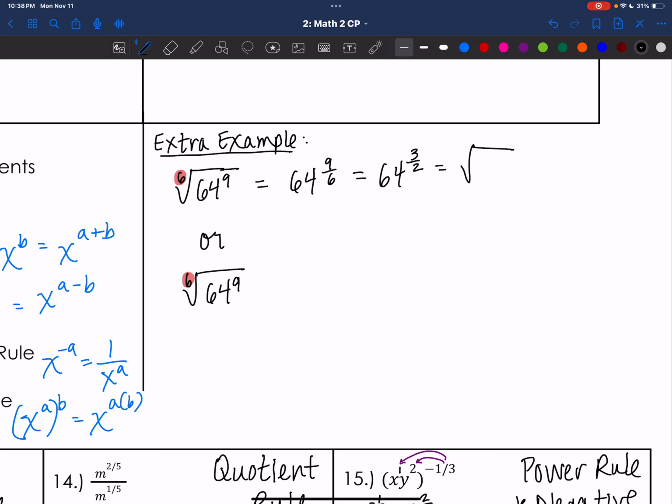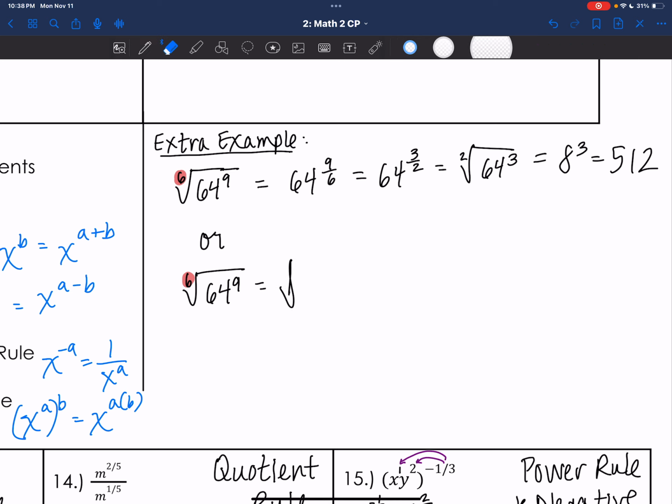Now remember, this 2 is here, but we typically don't write it like that. And then you can go ahead and simplify 8 to the 3rd. You're taking the square root of 64 3 times. So from there, you'll get 8 to the 3rd, which equals 512.